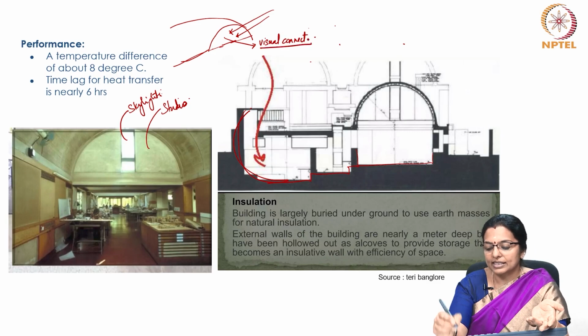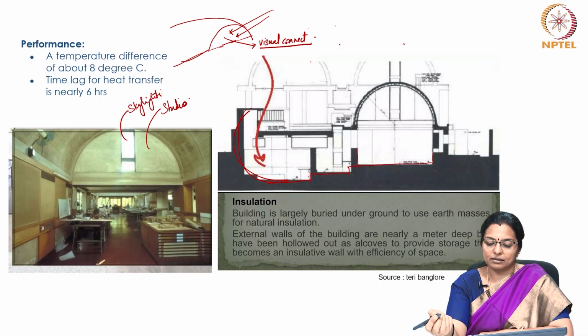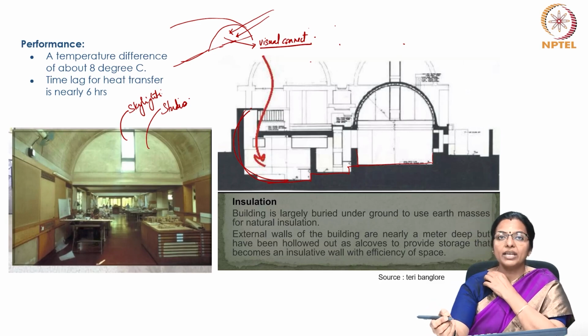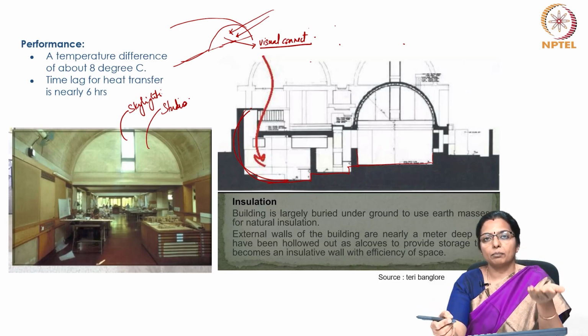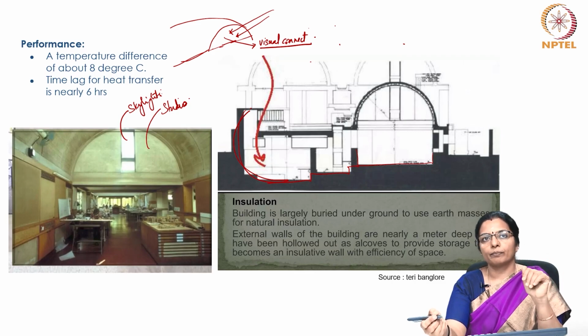Visual connect is established to the outside world, and this acts as a via media between the completely submerged subterranean house and the completely exposed house, because it offers the advantage of both.